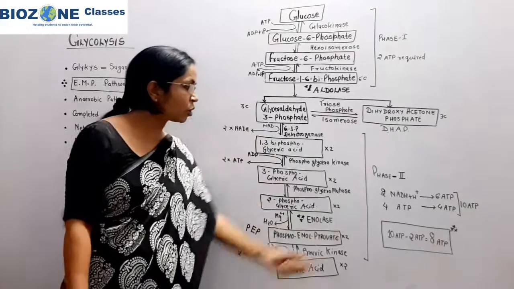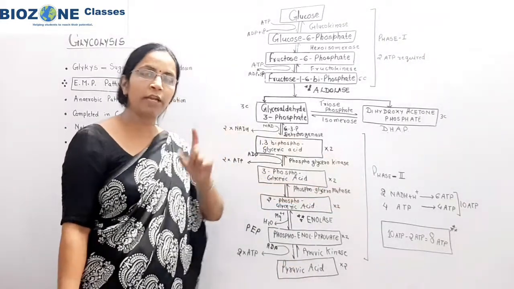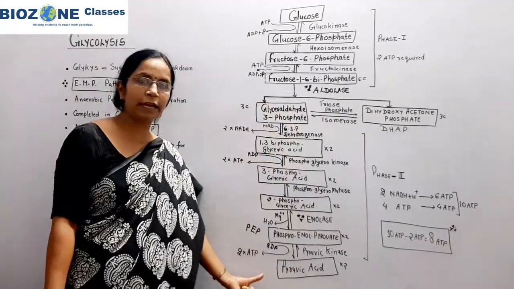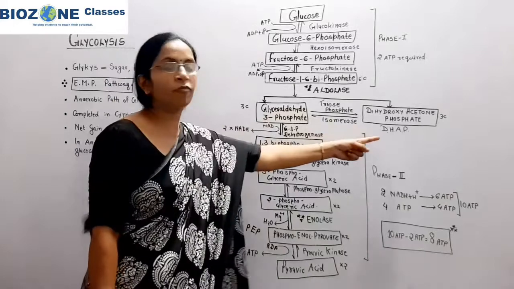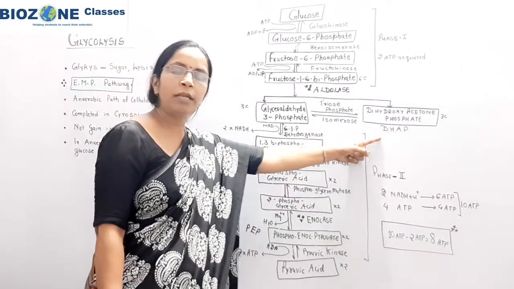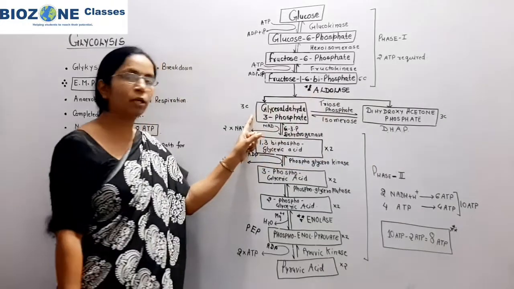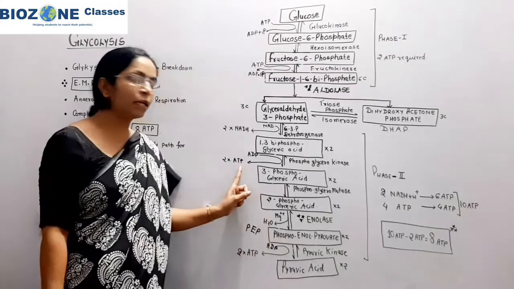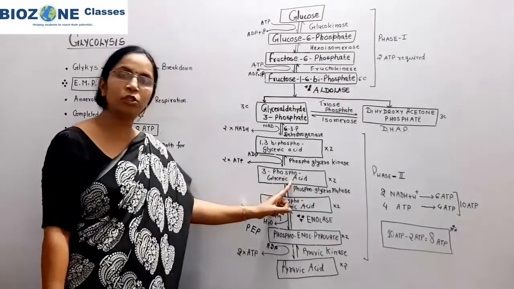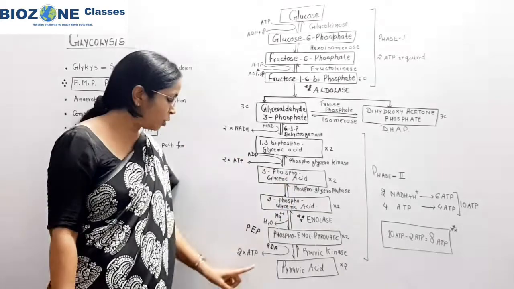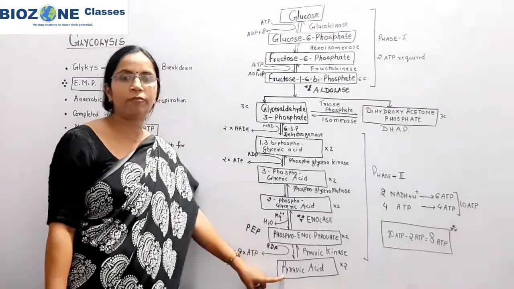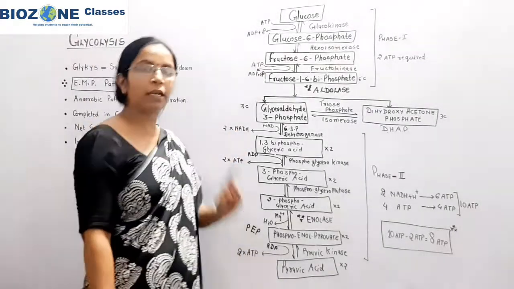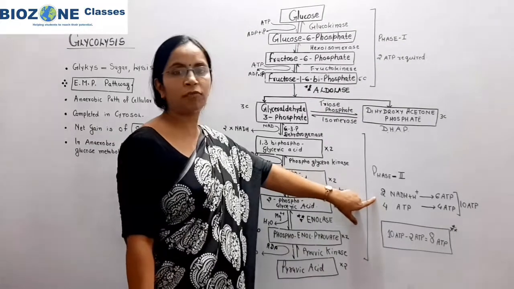So in the energy generation phase, the one molecule of NADH is produced from glyceraldehyde 3-phosphate, and the second molecule of NADH is produced from DHAP when DHAP is converted into glyceraldehyde 3-phosphate, and it again undergoes the same pathway. Similarly, 2 ATP are produced at the formation of 3-phosphoglyceric acid, and 2 ATP are further produced in the formation of pyruvic acid.